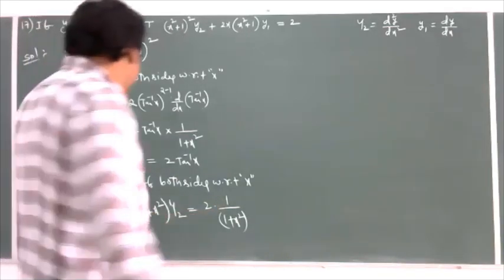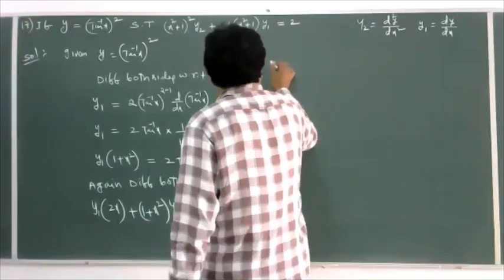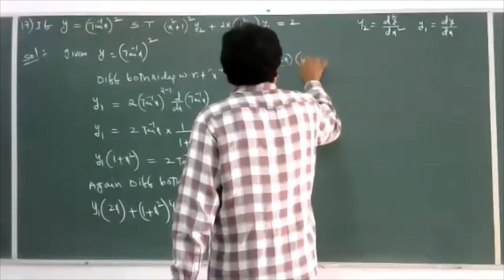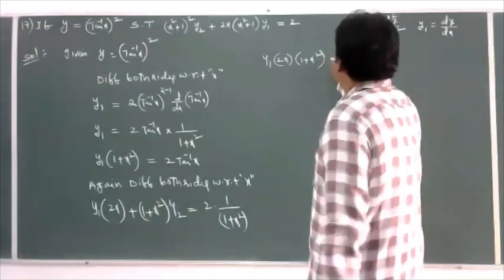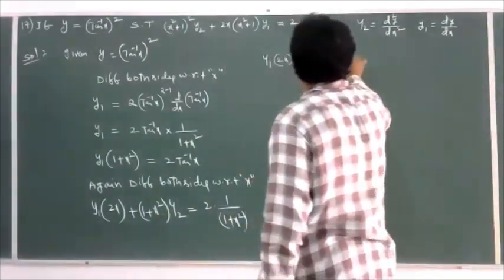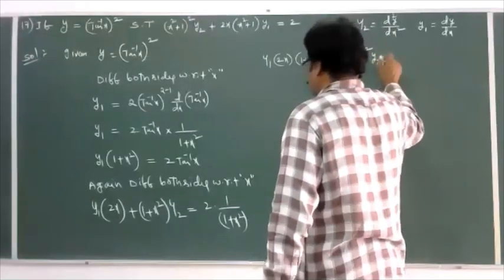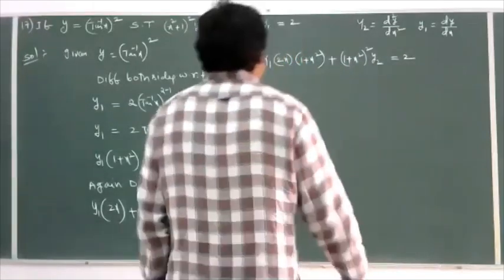Then again cross multiplication: y1 into 2x into 1 plus x square plus, here 1 plus x square into 1 plus x square, (1 plus x square) whole square into y2 is equal to 2. That is the required answer.